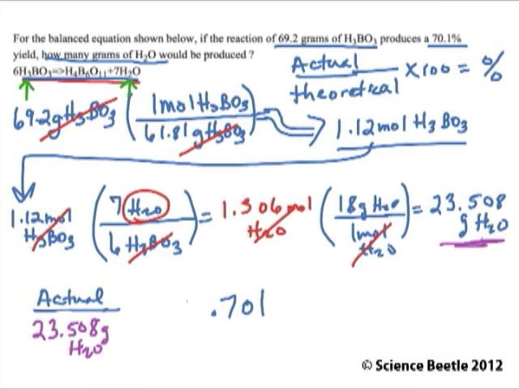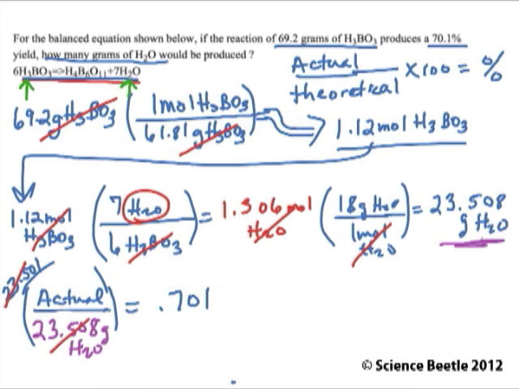And so in order for us to get rid of the 23.508 on the other side, we have to multiply by that number. So I'll go ahead and do that here. It doesn't fit, but I just put it here just to the left. And when we do that, the 23.508 cancels on this side. And what we do to one side, we have to do to the other. So we do the other side, 23.508 grams of H2O.